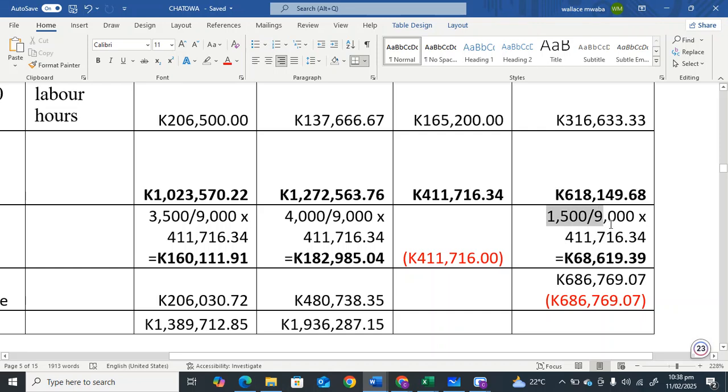So 1,500 divided by 9,000 times this. So I was asking, are we getting a similar value with this tabulation here? Or are we getting different values?